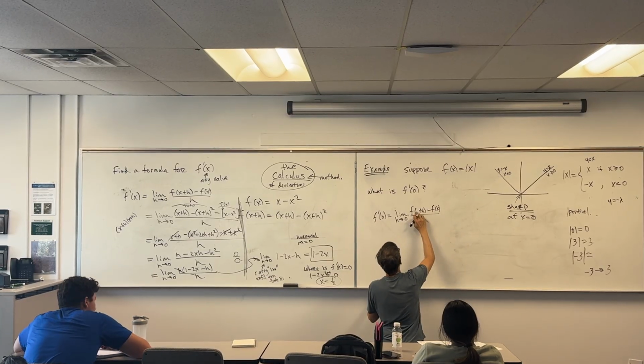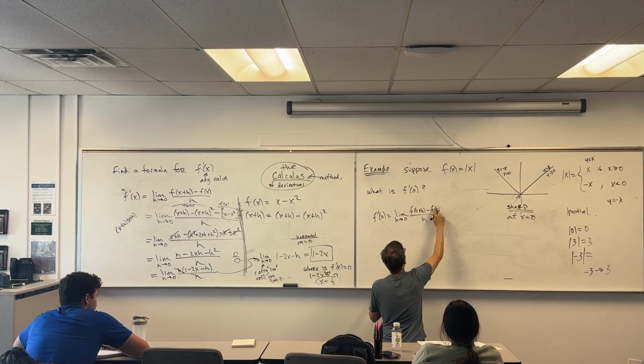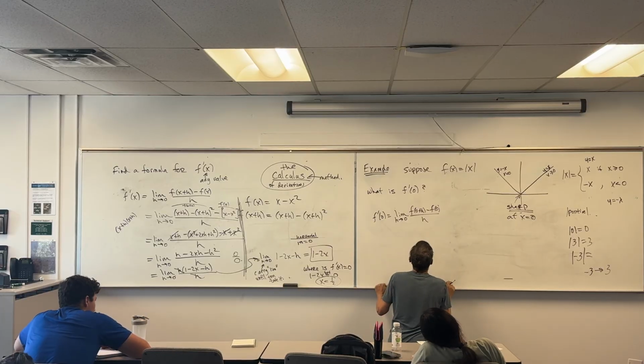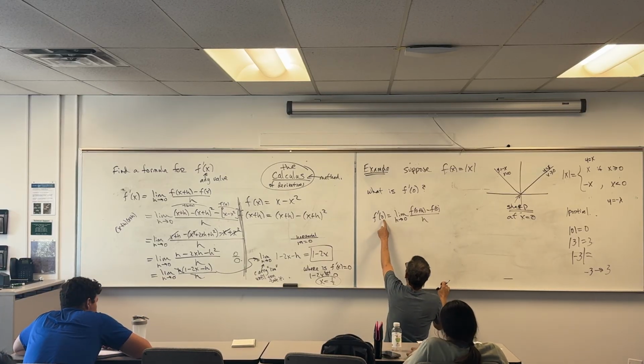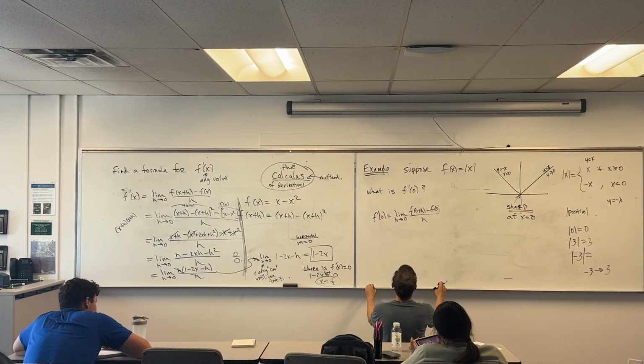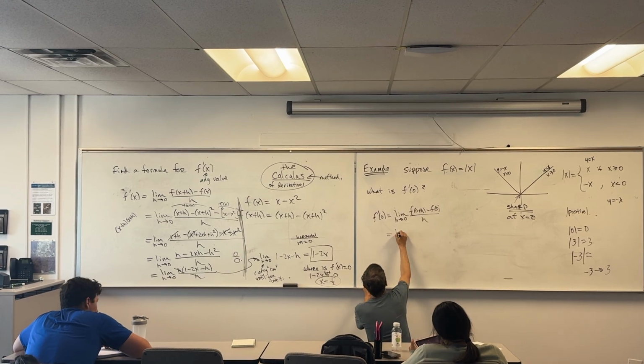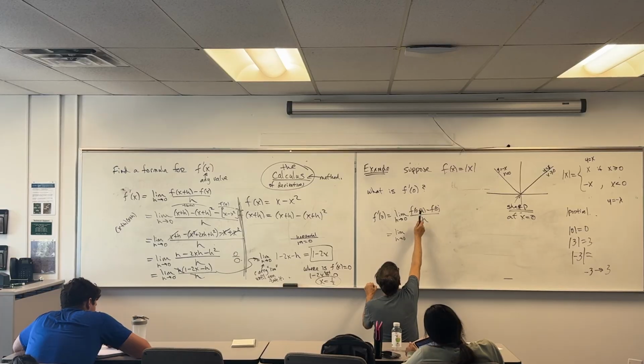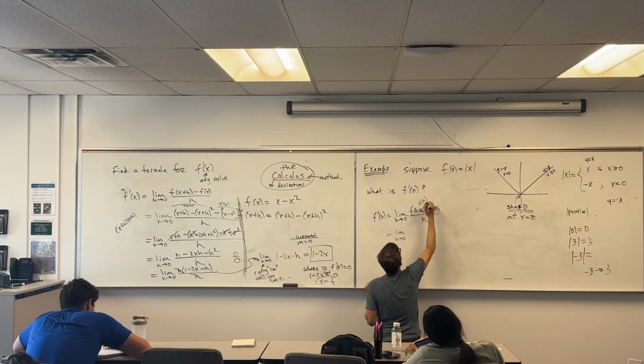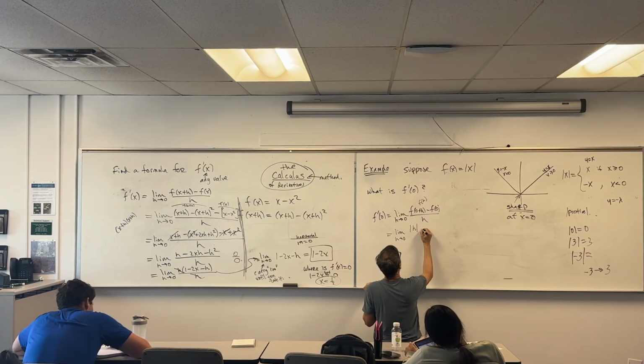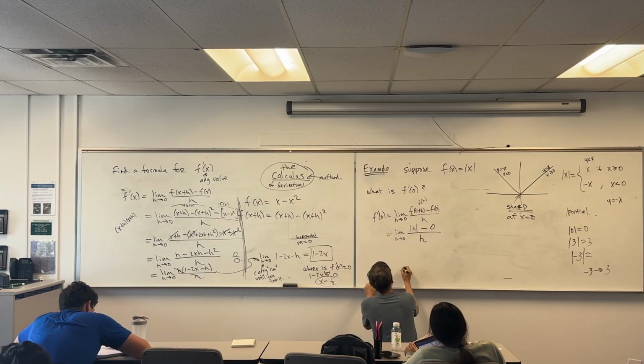Sorry, I know x is 0, so it doesn't have an x in there anymore because I'm doing it just at a point. So this is equal to the limit as h goes to 0 of f of h, so it's the absolute value of h minus absolute value of 0, which is 0, over h. And let's simplify one last time.